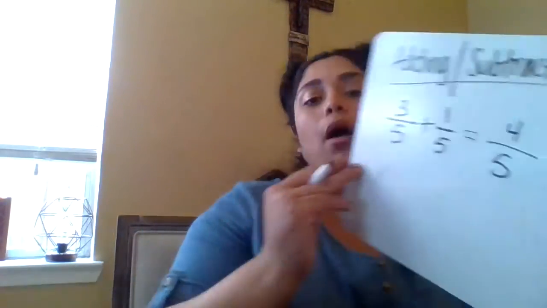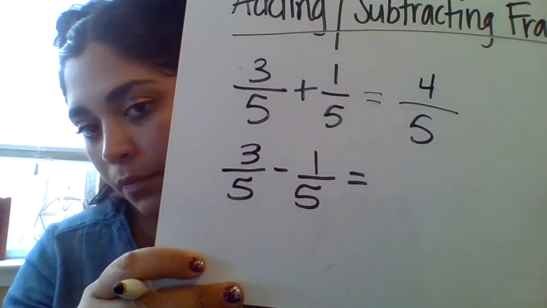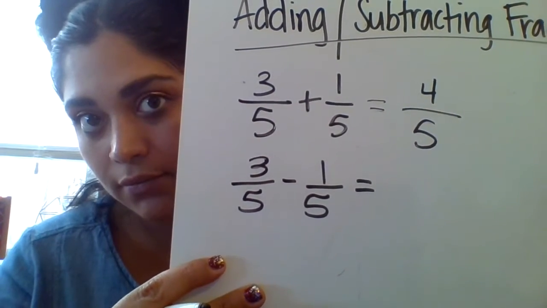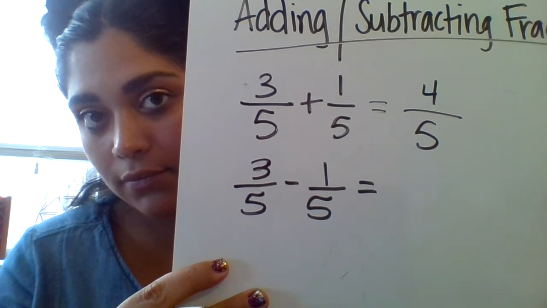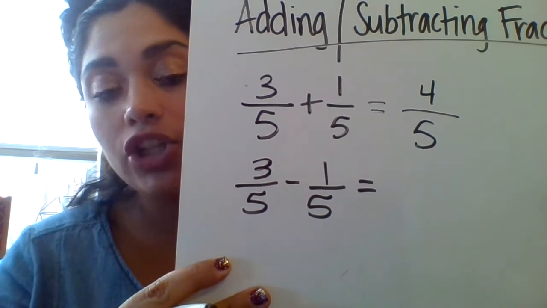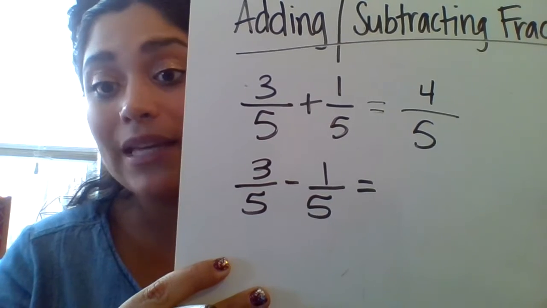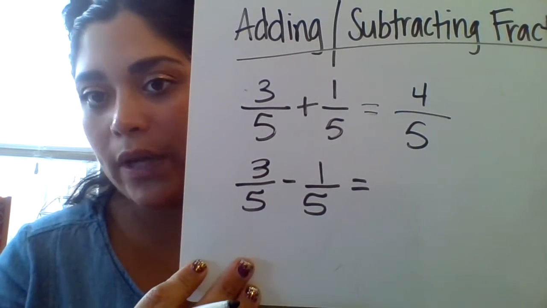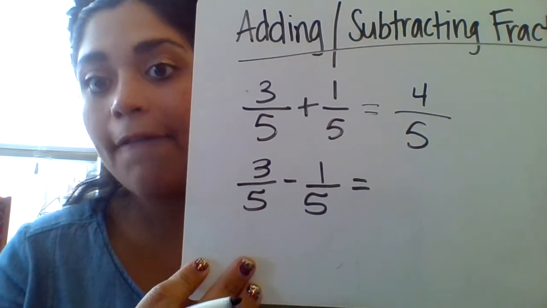You could do the same problem for subtracting because it's the same rules. So if we have 3/5 minus 1/5, I'm going to put that down here. How do we know that this is a like fraction? You should have thought that we know it's a like fraction because the denominators are the same, and we know that our denominator for our answer is going to be what? 5, because it's the same.